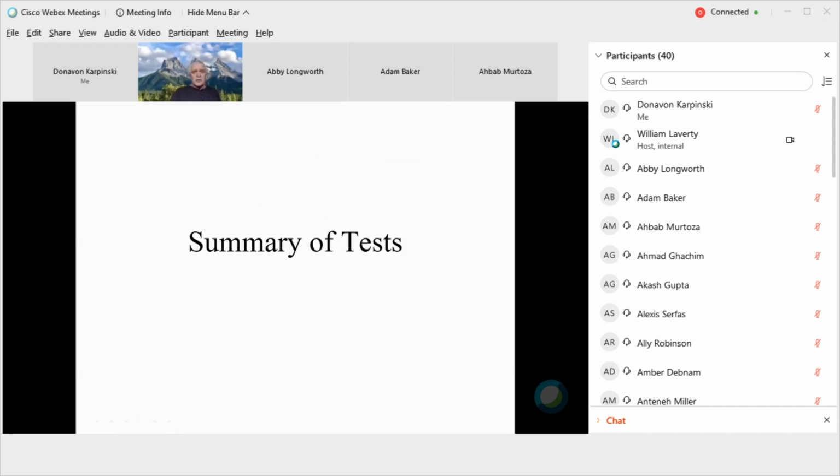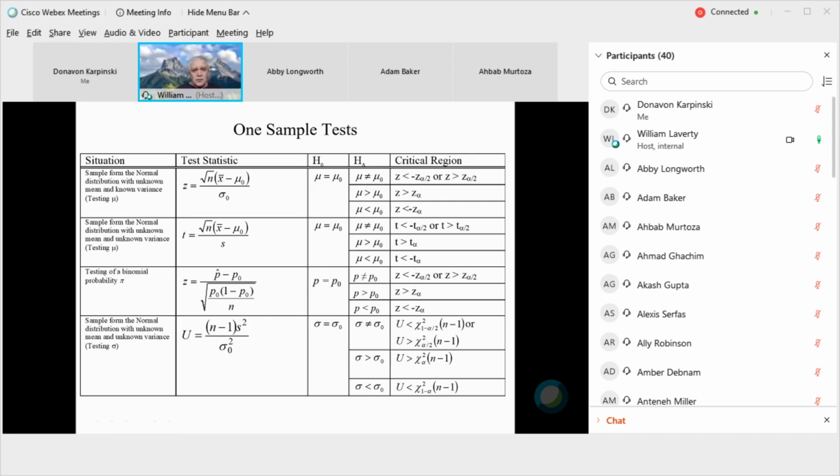So just a quick summary of the tests we've learned so far. There are one sample tests. These are where you have a single population and you're testing a parameter of that single population. One is where you're testing the mean of a normal population.